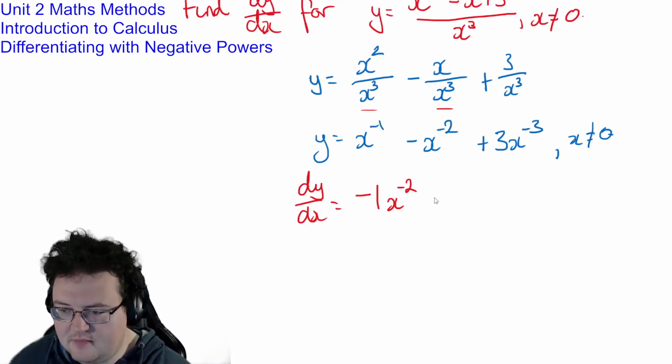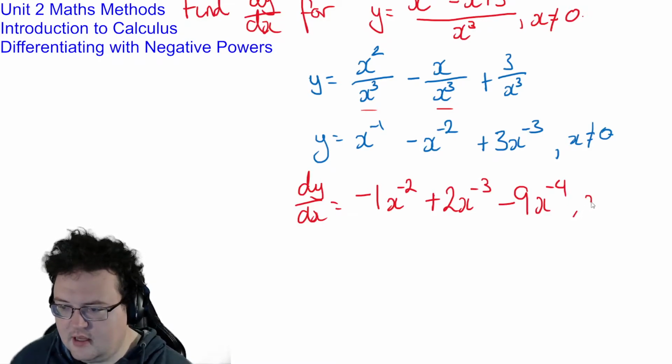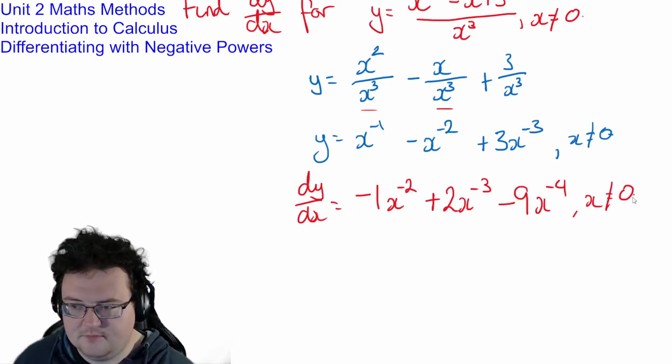Minus 2 comes down and becomes plus 2x, subtract 1 from the power, minus 3 times plus 3 is minus 9, x to the minus 4. Again, x can't be 0.